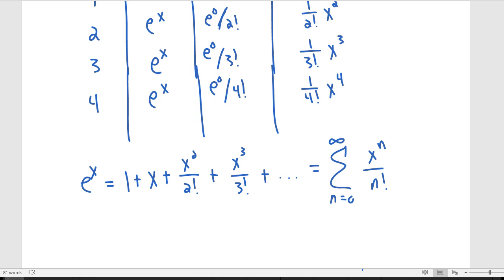Now, if we scroll back up to our example of sine, which I don't want to do, this Word doc is such a pain. Remember with the sine function, every other term was 0, so I wrote the terms and then readjusted the index.